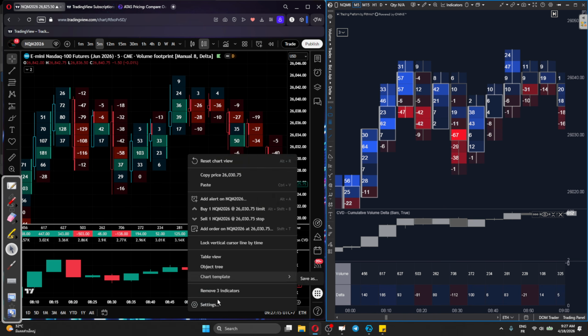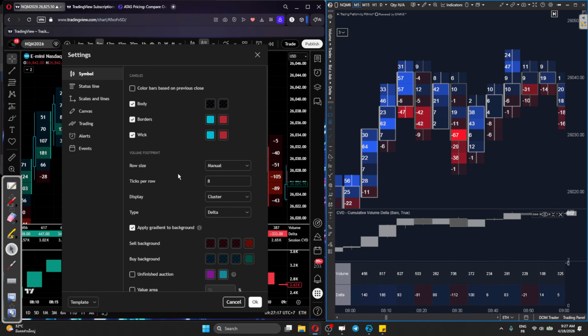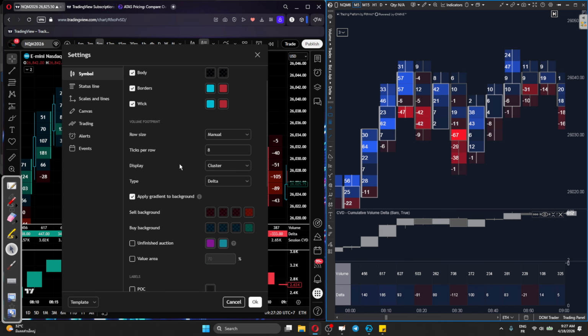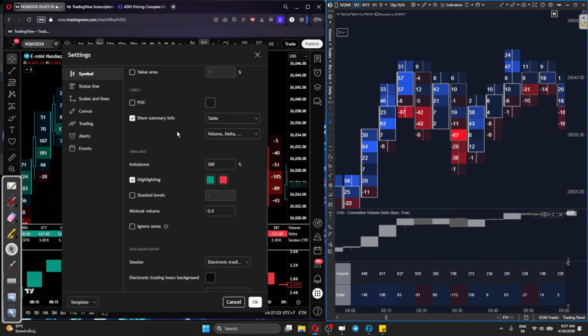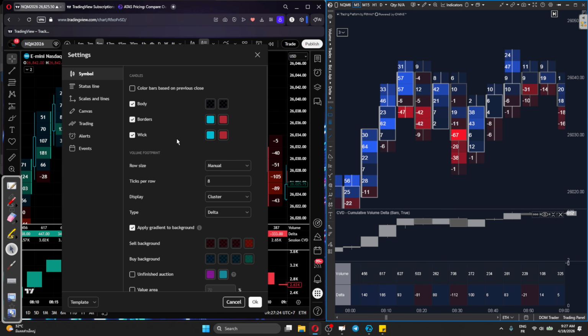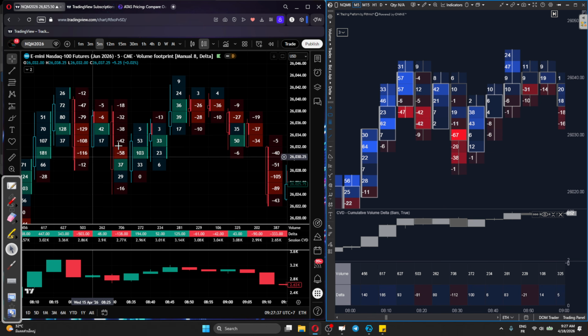As for the features, we'll get into that in a minute, but you go into the settings of your footprint chart here on TradingView, and these are all the settings you get. You have a lot less options and features, but it makes everything easier. Do I want cluster or profile? Delta or buy and sell? Ticks per row, you click it and you can change it.